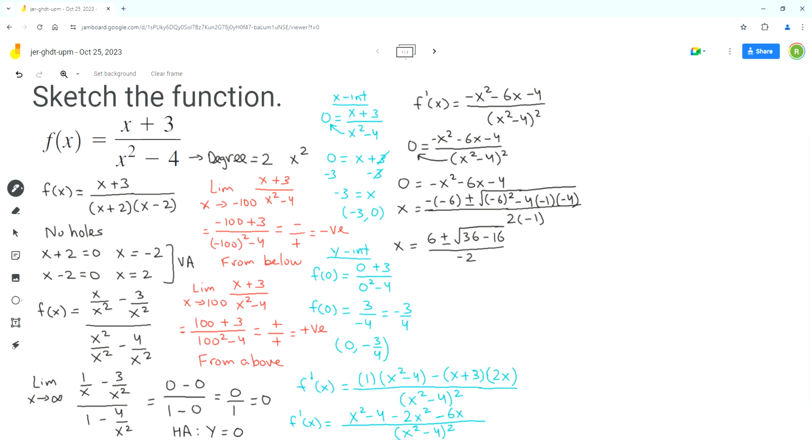So for the first case, I got negative 5.236, and the other case I got is x equals negative 0.764.